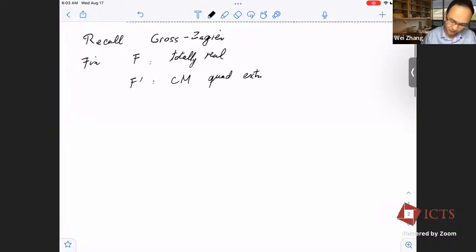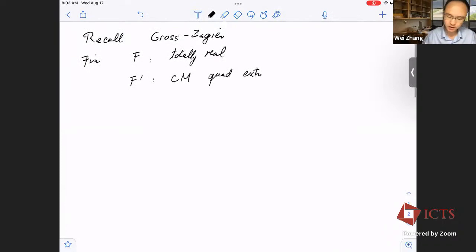So for Gross-Zagier, I have a Shimura curve. Let's say I fix a quaternion algebra over F such that my quadratic field can be embedded. So I can consider the Shimura curve X, for suitable level.